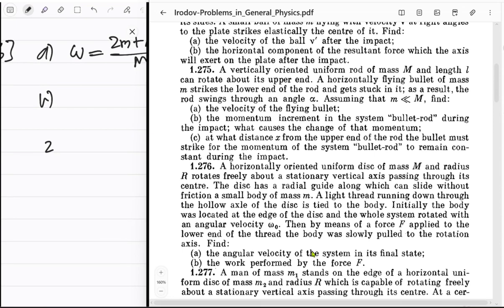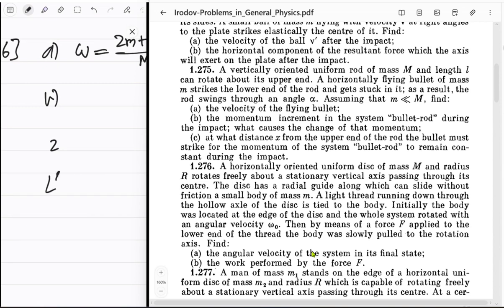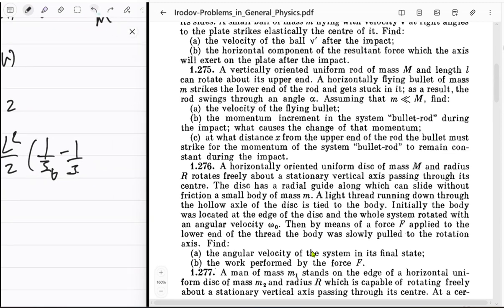Think about it. It's L squared upon 2 times 1 upon I final minus 1 upon I initial. This is the change in kinetic energy, which is the work done by this force, right? Interesting.